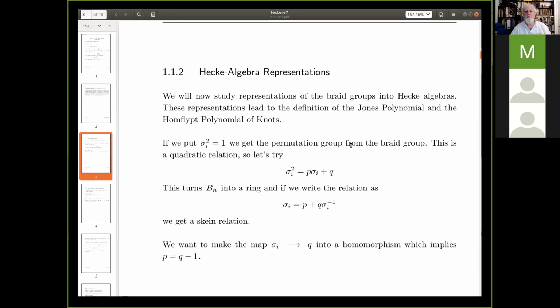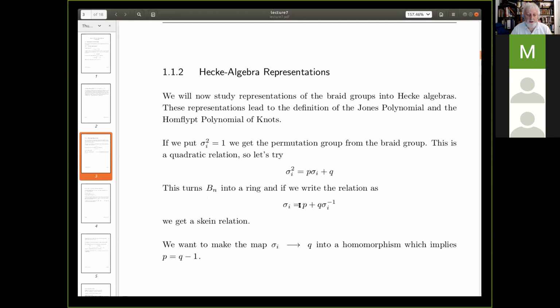Now we're left with looking at the representation onto the Hecke algebras. That's how we get the Jones polynomial and the HOMFLYPT polynomial. As I said, if we put in a quadratic relationship to make Bn into a ring, and if you look carefully at this, you see sigma i is a positive crossing.